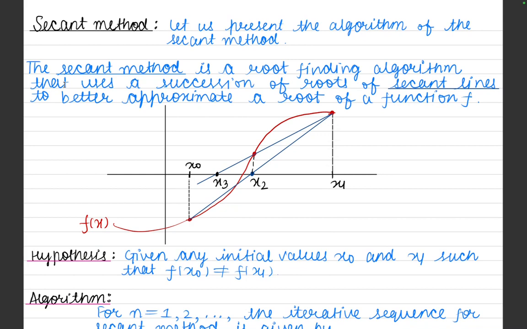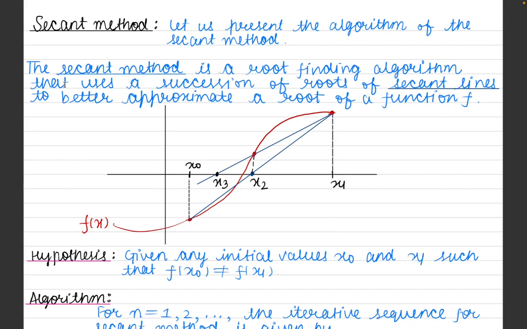So here you'll have this. Now join x1 and x2 again. The point at which this intersects, again same logic, and you keep on doing this.